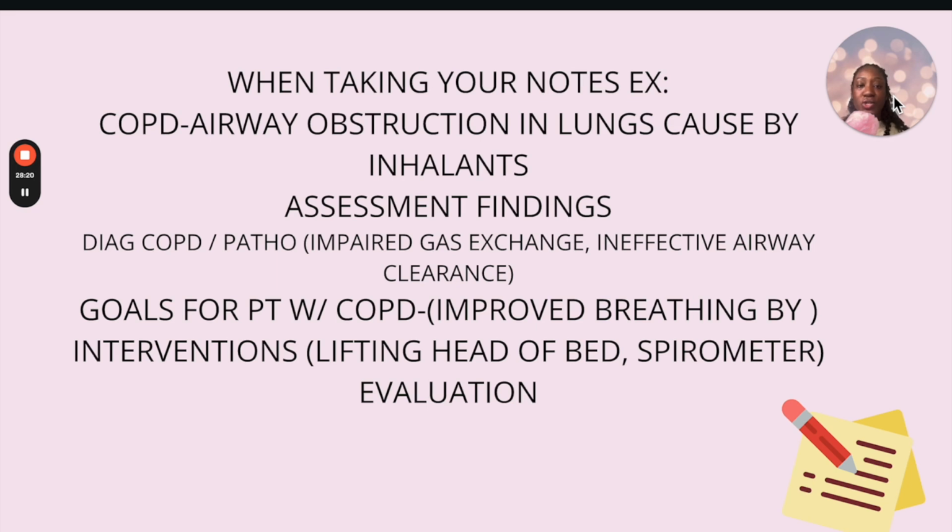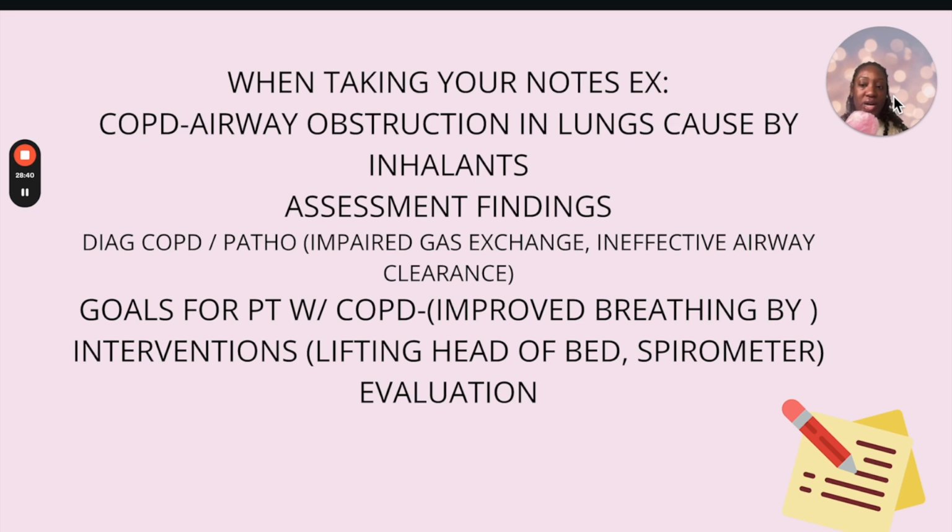So when taking your notes, an example would be, say the disease you're learning about is COPD. That is airway obstruction in the lungs caused by inhalants, which could be smoking or it could be fumes.